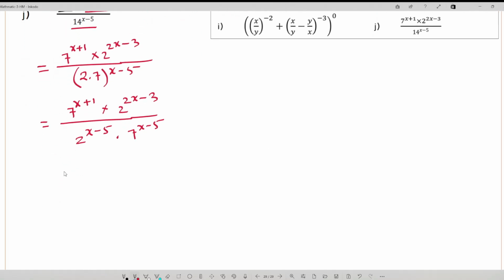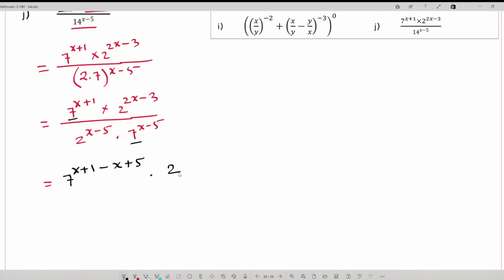Now look, here this is base 7 and here also base 7. So once the bases are the same, in division the powers will be subtracted. So we can write 7 to the power x plus 1 minus x plus 5, right?